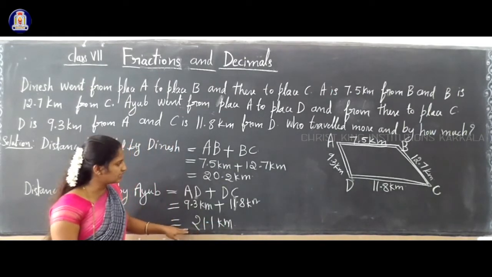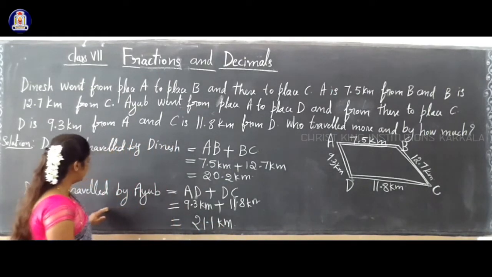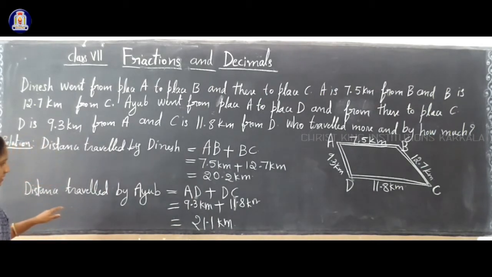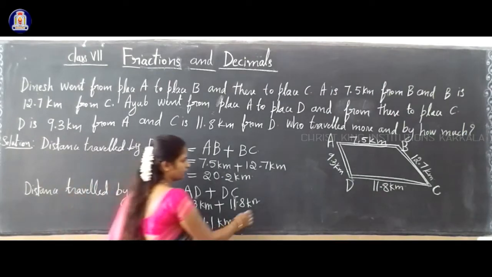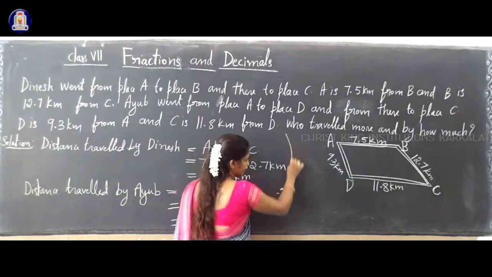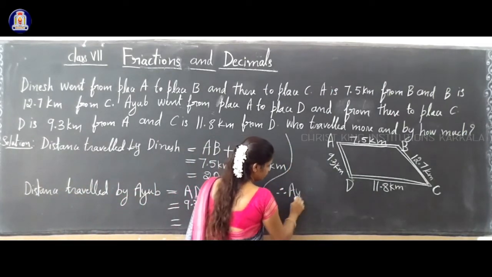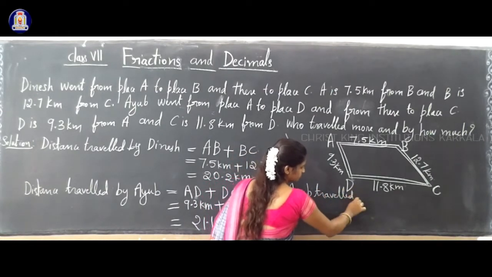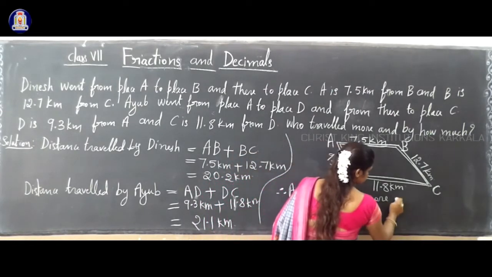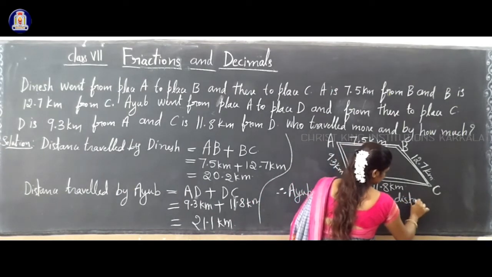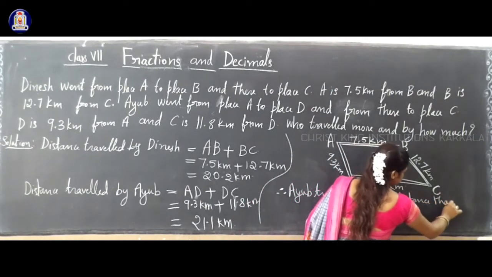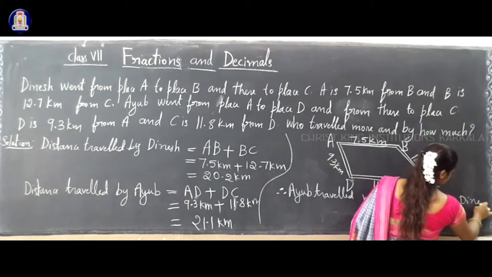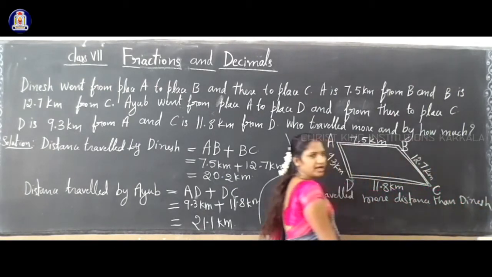So now we can say that therefore Ayub traveled more distance than Dinesh. By how much?